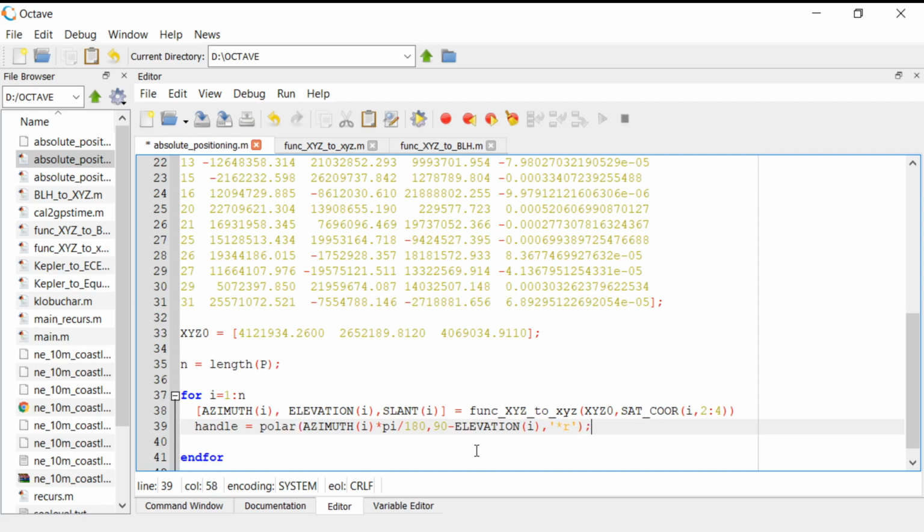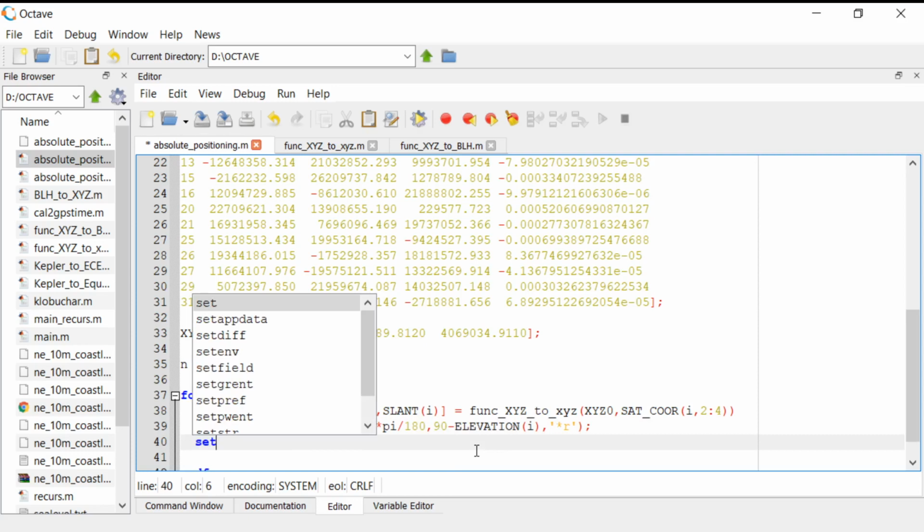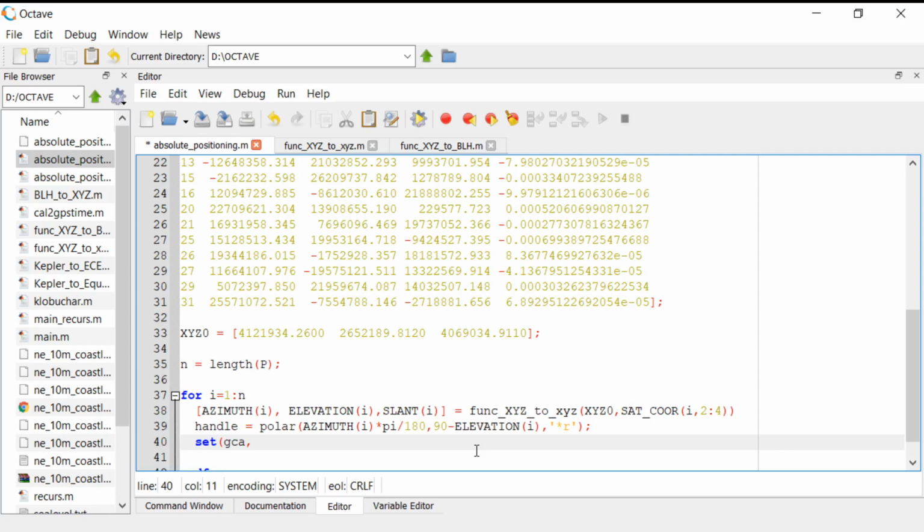Now again, I must make some arrangement so that I can get the plot in a routine way. The x direction of the plot should be in reverse order, because if I plot in this way without making any arrangement here in the x direction, I will get the angle measurement not in the clockwise direction but in the counter clockwise direction.